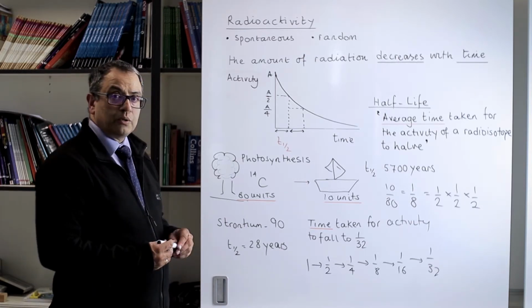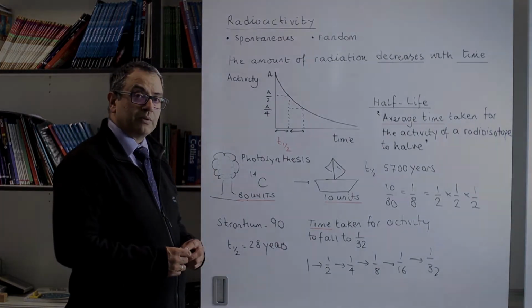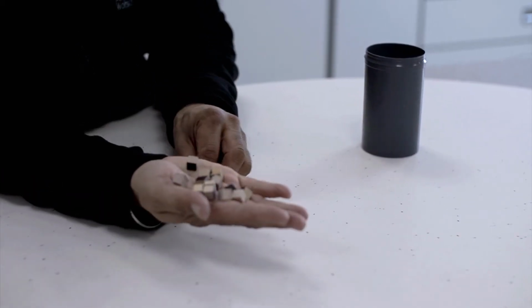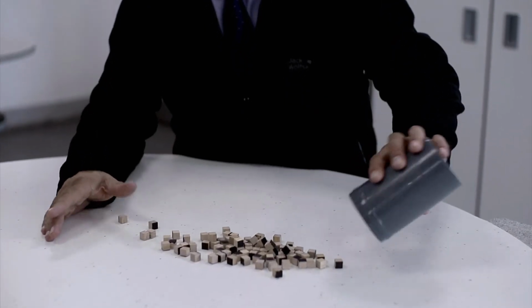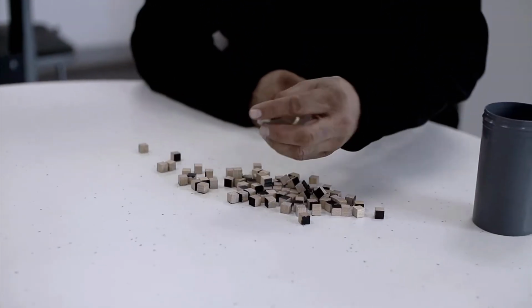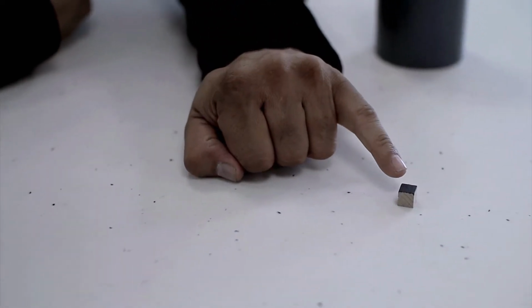I will now show you, with a very simple practical, how you can actually model radioactive decay. We can model radioactivity using these Tillix cubes. And what we've got here is that one face of this cube is in fact painted black.